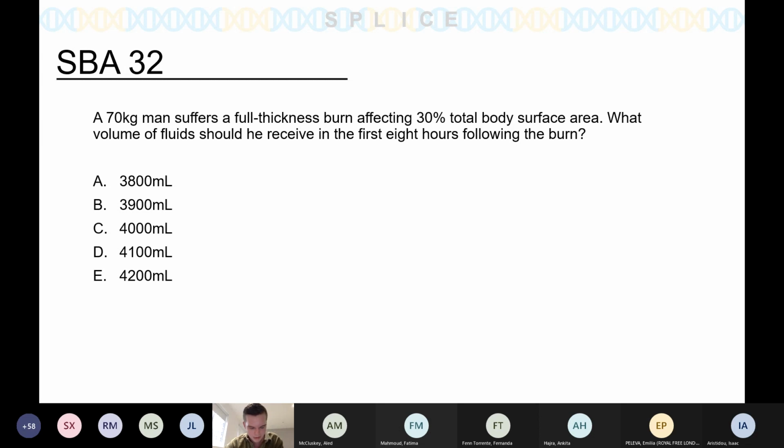This one is more important and arguably a surgical question rather than medical, so I'm sorry, but it's a good topic.